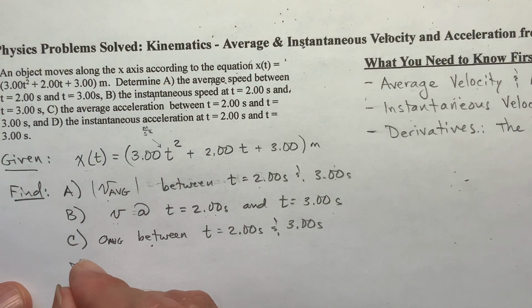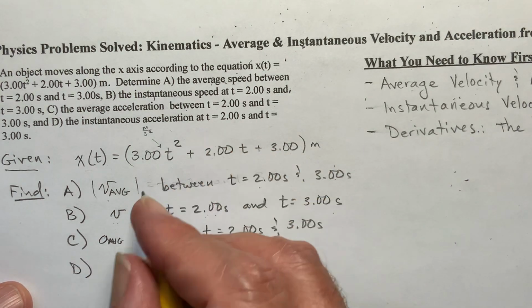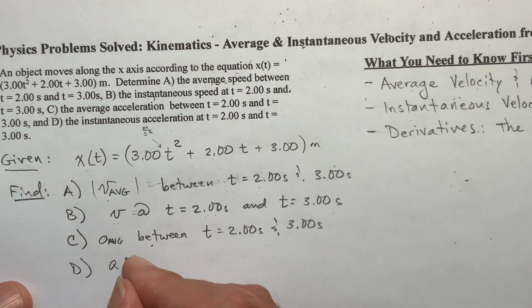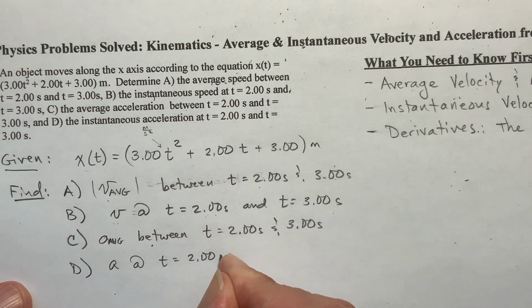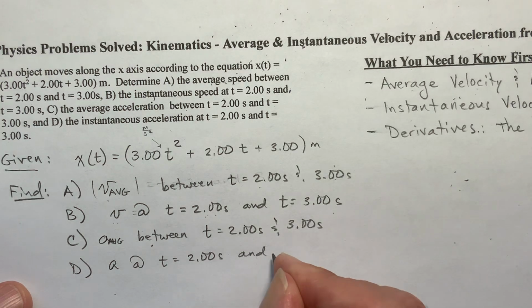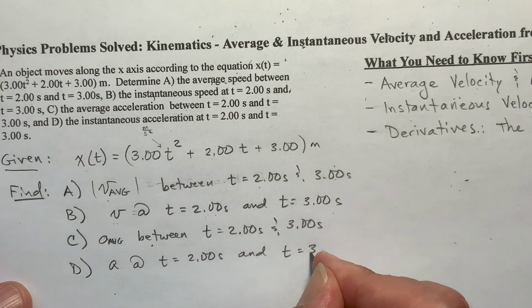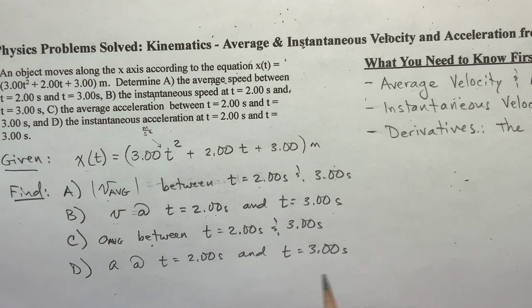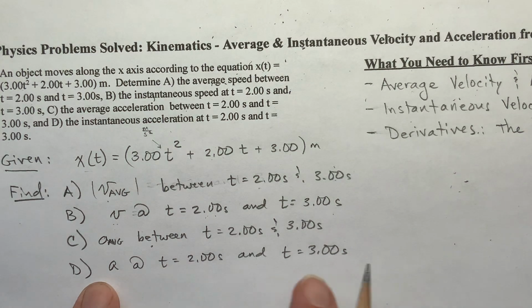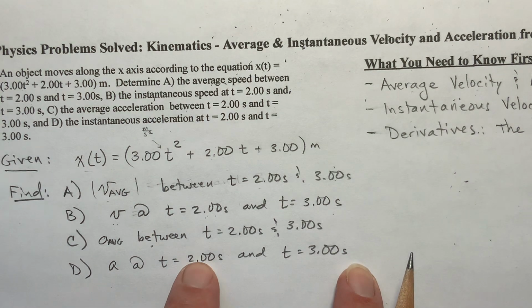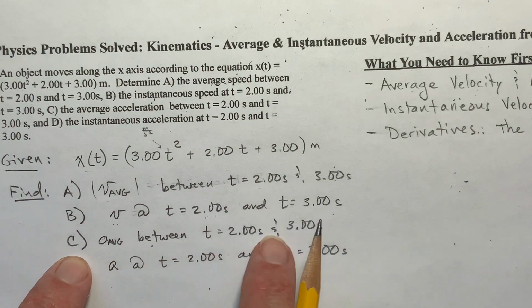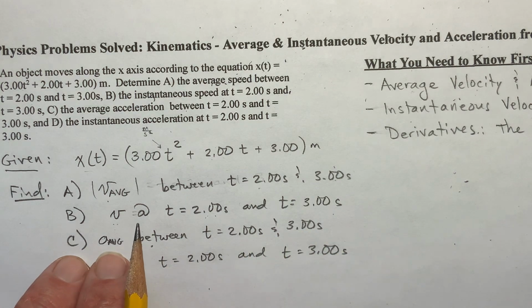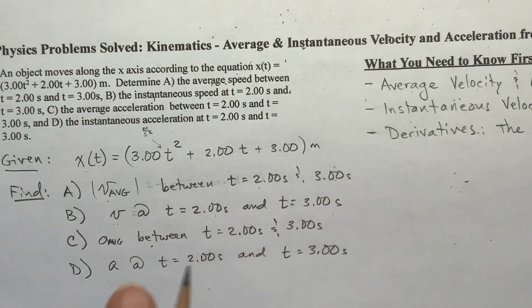And then for part D, we want the instantaneous acceleration at t equals 2.00 seconds and at t equals 3.00 seconds. So again, two different instantaneous accelerations, one at 2 seconds and the other at 3 seconds. Whereas this average acceleration is between that span of time, 2 to 3 seconds.